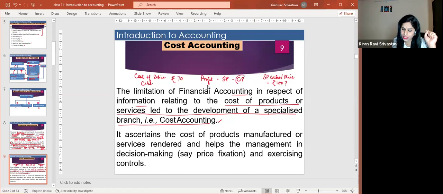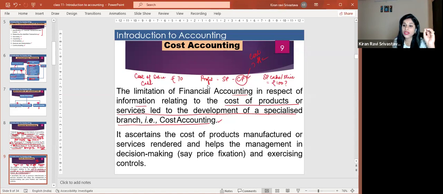So to determine this cost effectively, we have cost accounting. Financial accounting just records; it records even cost, it records revenue.